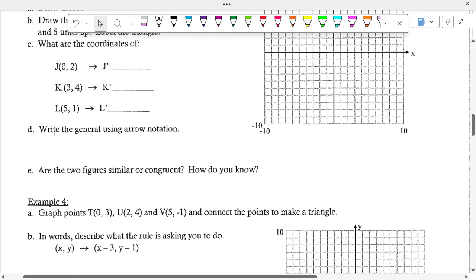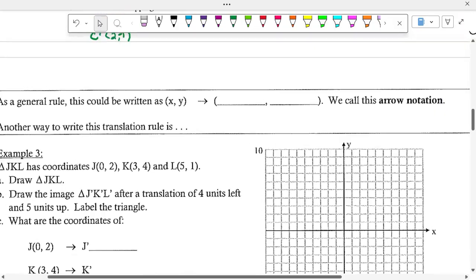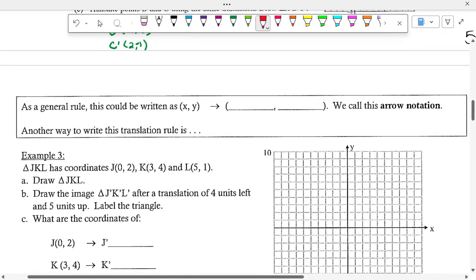So, the general rule for translation is this.